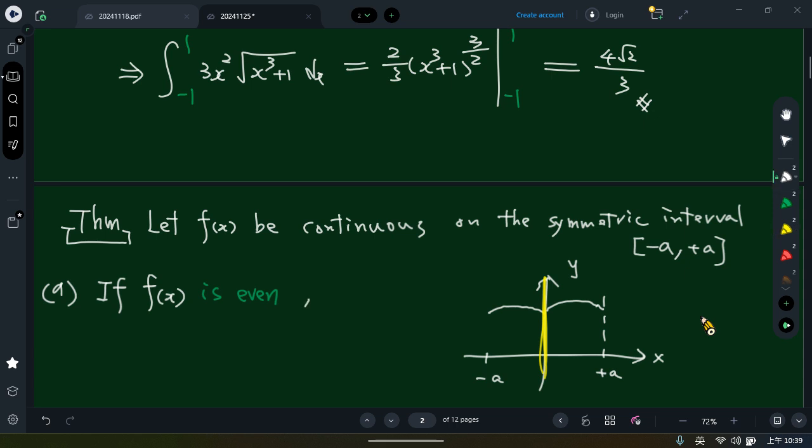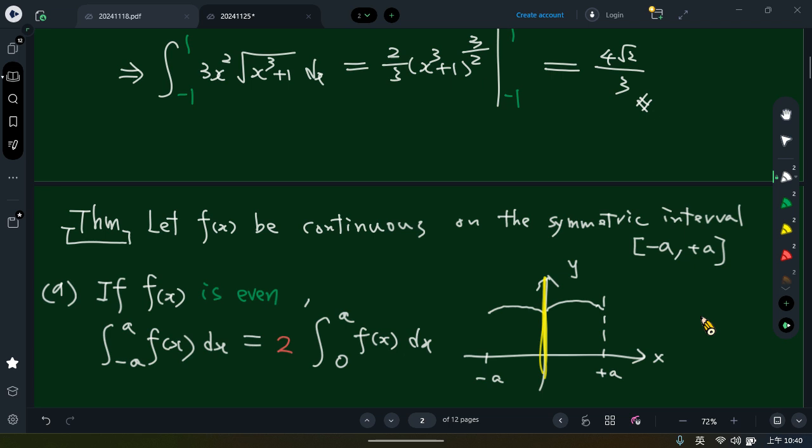So if I ask you to calculate the integral from minus a to a of f(x), then it will be 2 times the integral from 0 to positive a of f(x) dx. So it's quite intuitive, right?